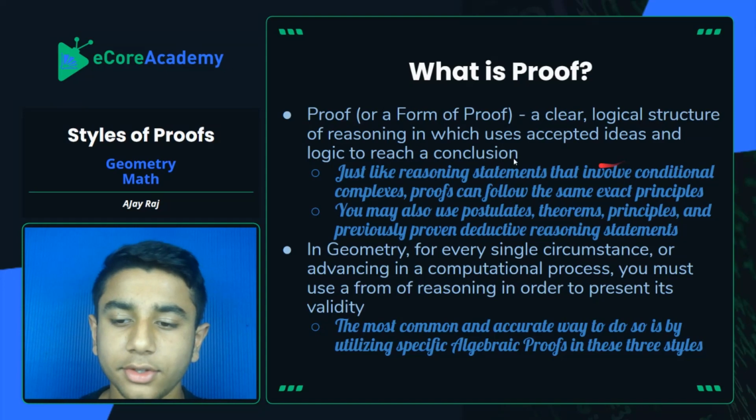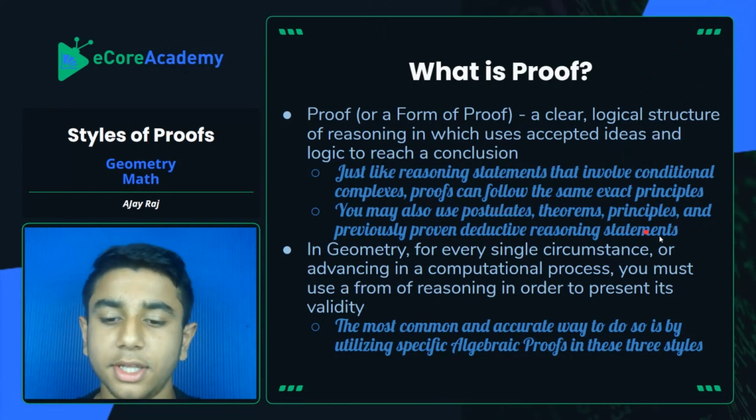Like I said, there's a form of using reasoning which is very general, but you can also use certain postulates, theorems, and principles, being already proven concepts from the past, unlike newly made reasoning statements. And you can also use deductive reasoning statements as well.